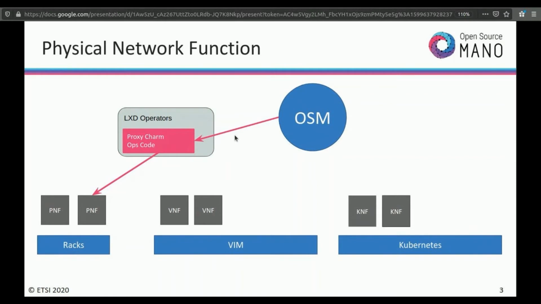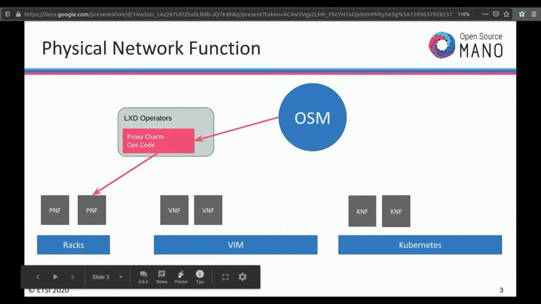But in this case, the PNF is supposed to be a physical router. In this case, it's virtual, but we are treating it as a PNF, as a physical appliance. So we cannot install the Python code, the proxy charm code inside the PNF. So that's why we are using a proxy charm for operating the workload.